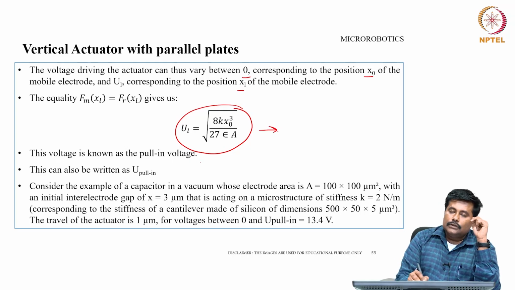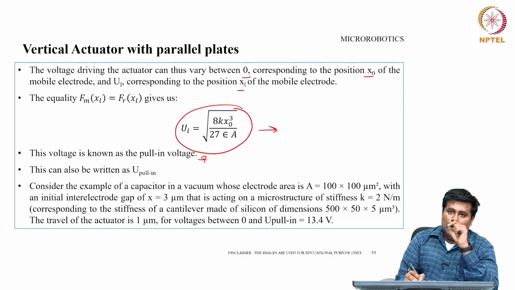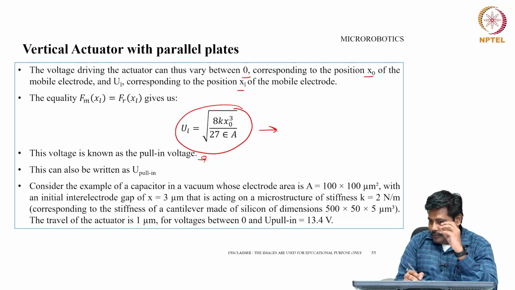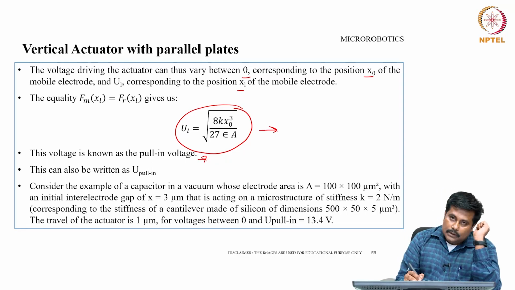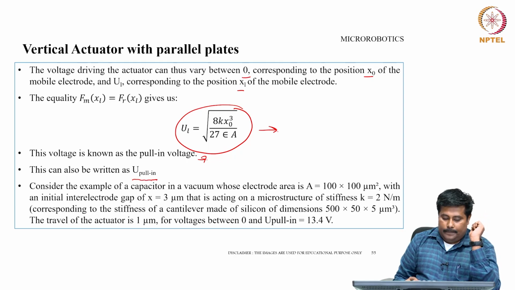This voltage is called the pull-in voltage. This pull-in voltage plays a vital role with reference to actuation of these structures, which work in the domain of electrostatic behavior. This can also be denoted as U pull-in.